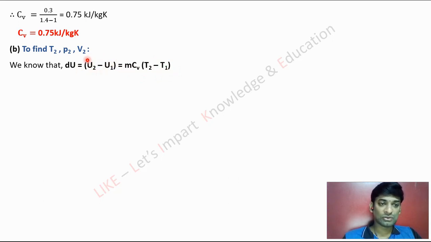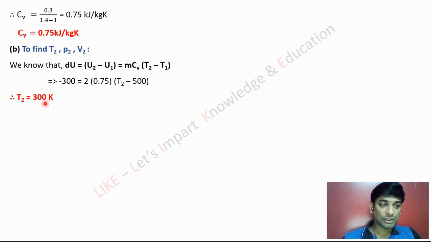This U2 minus U1 is given in the problem, that is minus 300. M is given in the problem, 2. CV just now we have determined, 0.75. Temperature difference T2 minus T1 is given in the problem. So from this you can calculate T2 is equal to 300 Kelvin.